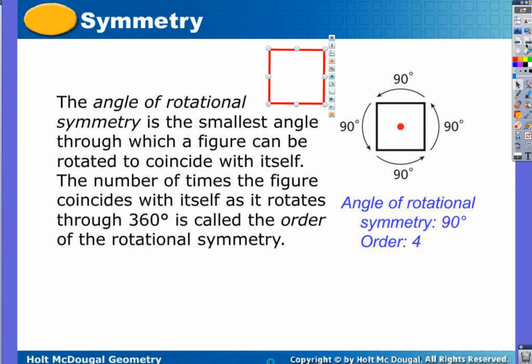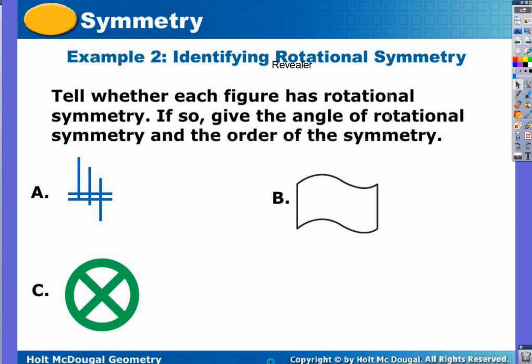Let's do some examples. Tell whether these have rotational symmetry or not, and if so, give the angle and the order. So let's look at A. Is there a way that you can try to visually rotate this? If we did a quarter turn, we would have 3 lines going towards the left. And no, that wouldn't work.